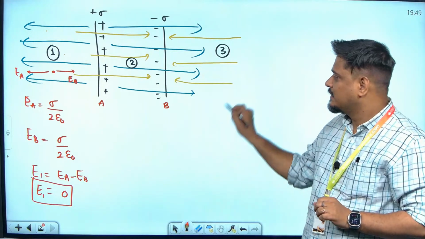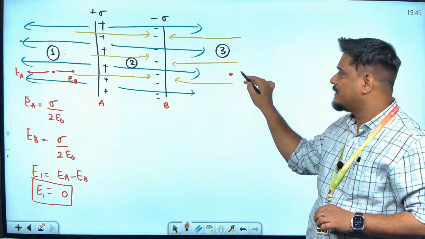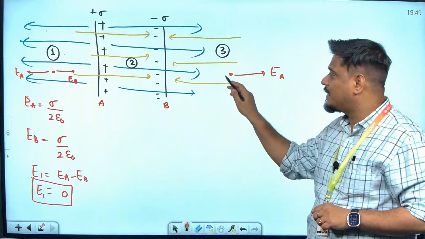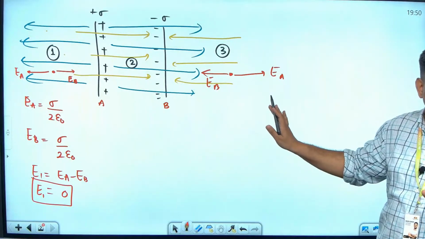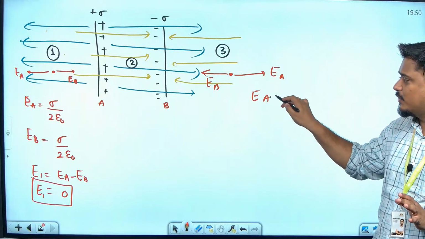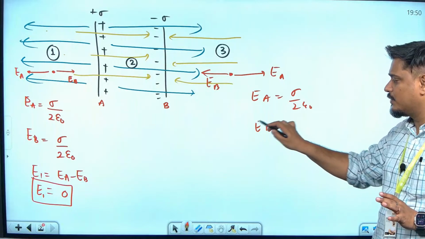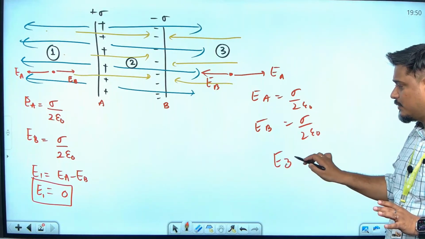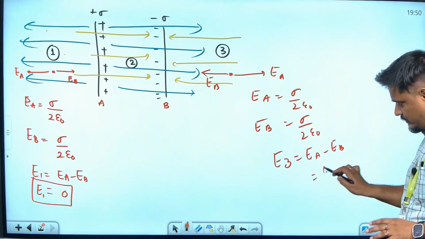Point 3, suppose I am taking a point here, because of the A plate outside, because of B plate towards this side, same logic will apply here. EA will become equal to sigma by 2 epsilon naught, EB will become equal to sigma by 2 epsilon naught, E3 will become equal to EA minus EB, which is going to give you 0.